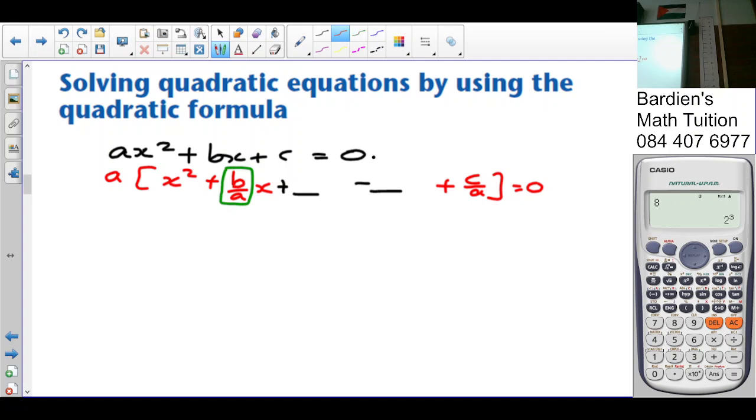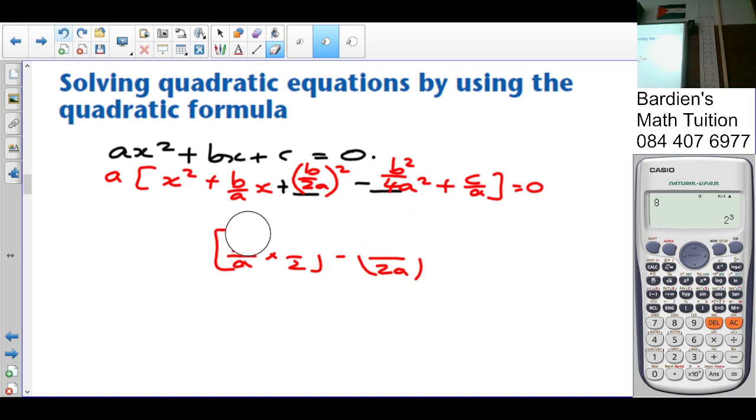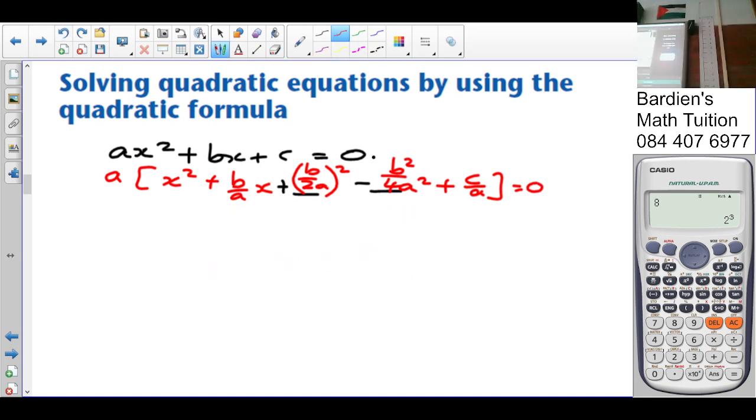So that would simply be b over a times a half, and it must be squared, which is b over 2a squared, which is b squared over 4a squared. You all understand? So what do we do now? You should see a perfect square trinomial.